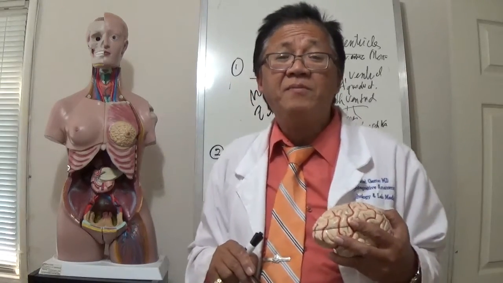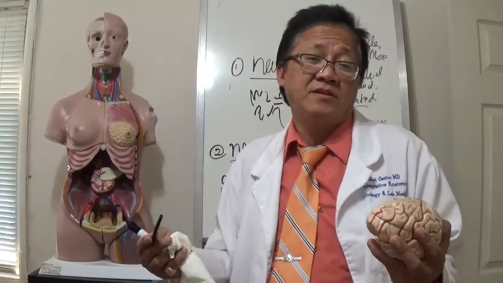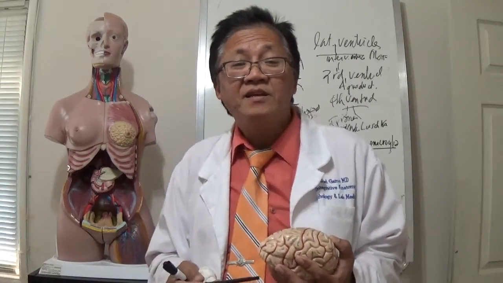Choroid plexus are made up of capillaries, which are blood vessels. So what does a blood vessel contain? Blood. And what does blood contain? Plasma and cells. The plasma is water. So in other words, the raw material needed to form your cerebrospinal fluid really comes from the blood found within the capillaries, called the choroid plexus.